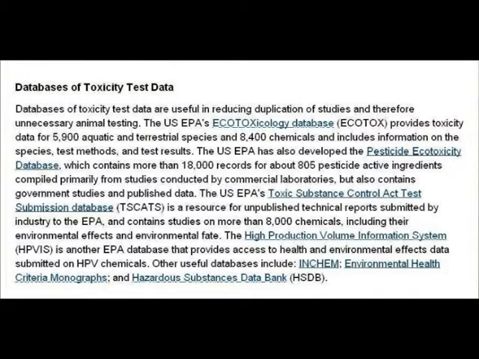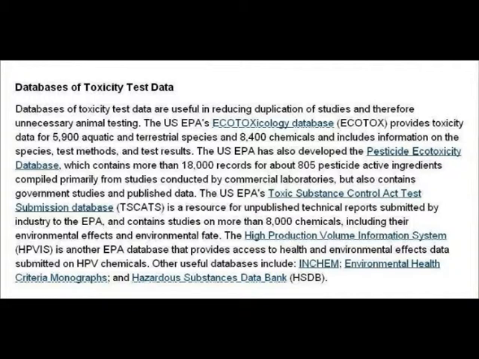The US Environmental Protection Agency has also developed the Pesticide Ecotoxicity database, which contains more than 18,000 records for about 805 pesticide active ingredients, compiled primarily from studies conducted by commercial laboratories, but also contains government studies and published data. The US Environmental Protection Agency's Toxic Substances Control Act Test Submission Database is a resource for unpublished technical reports submitted by industry to the EPA, and contains studies on more than 8,000 chemicals, including their environmental effects and environmental fate.